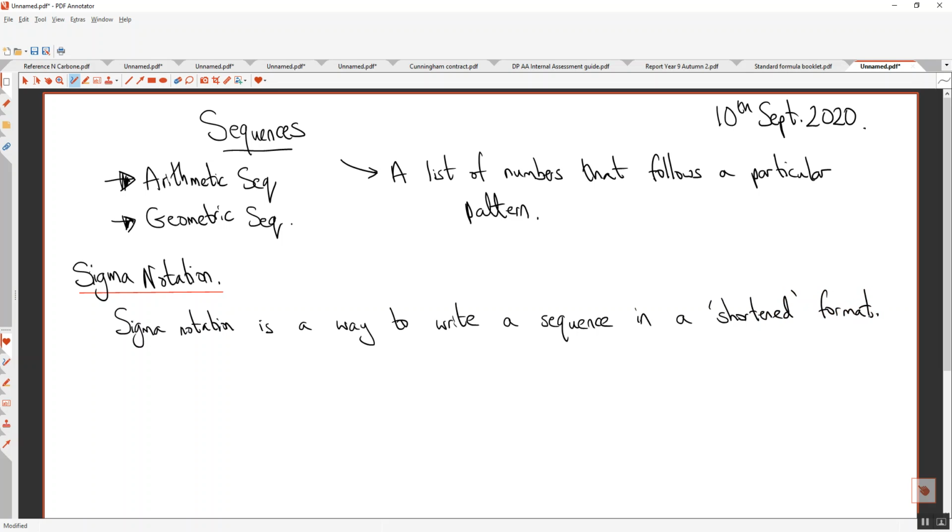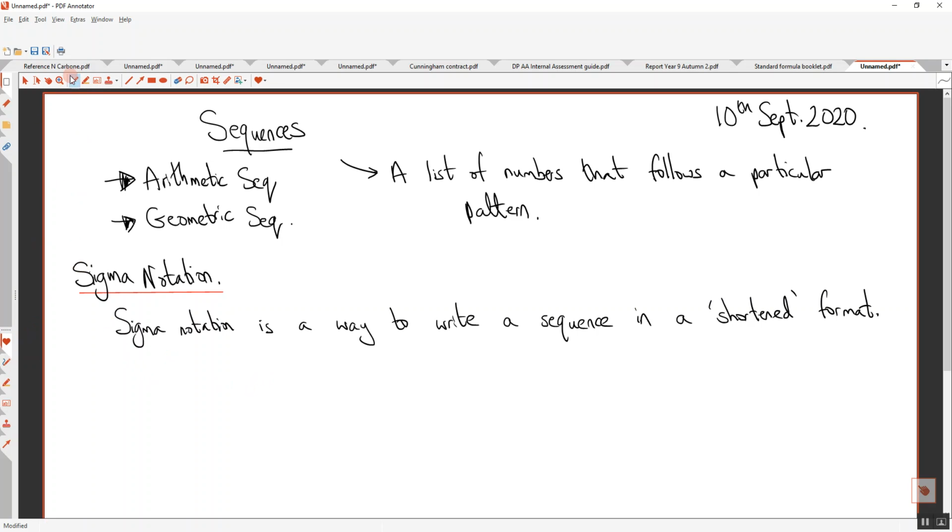It doesn't look very nice. Quite often when students see this, they're like, it just looks a mess. I don't understand what it means. But as long as you think what every little bit in the sigma notation means, then you shouldn't have any problems.